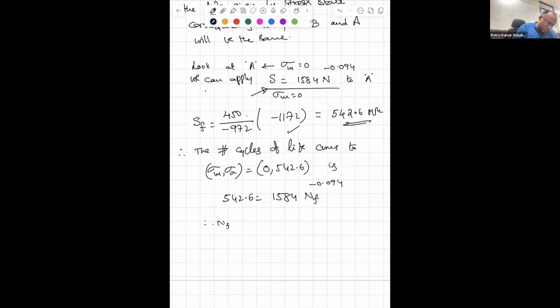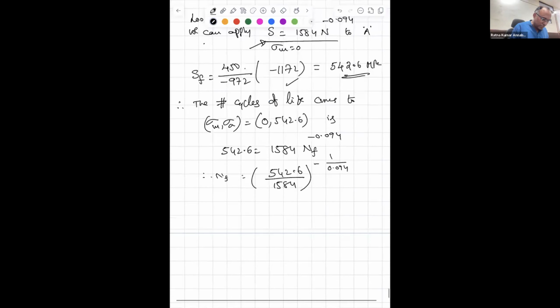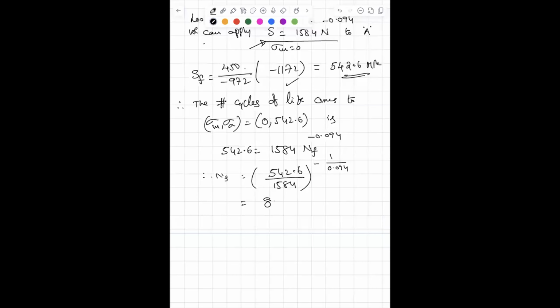Therefore, NF is equal to 542.6 divided by 1584 whole to the power minus 1 by 0.094. What is that value? 89,191 cycles.